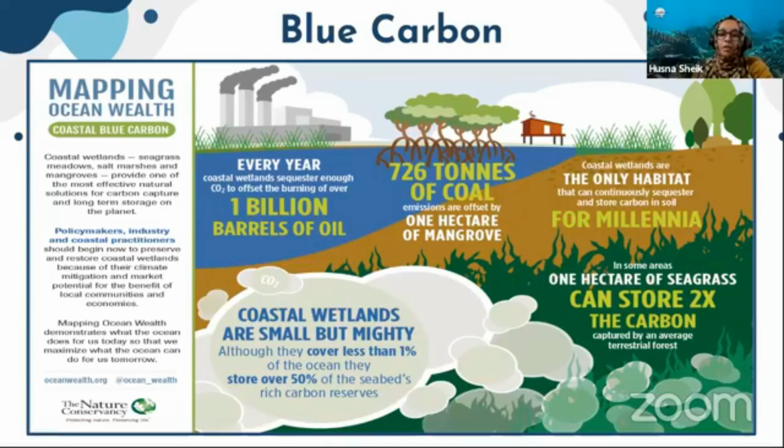Here you can see that 1 hectare of seagrass can store twofold the carbon captured by an average terrestrial forest. So do you see the importance of the seagrass? They can capture more than the terrestrial. When it comes to climate, people promote planting trees so they capture carbon dioxide, and that way we can help to mitigate climate change.